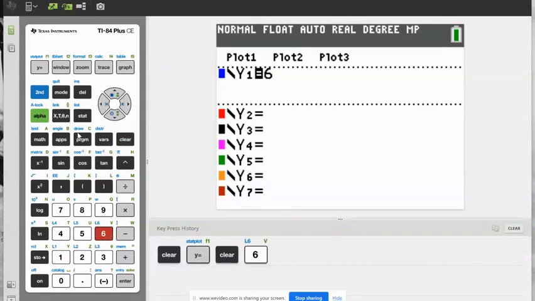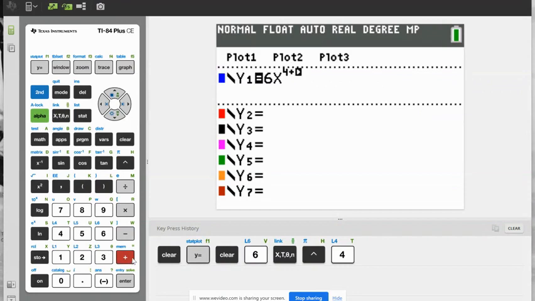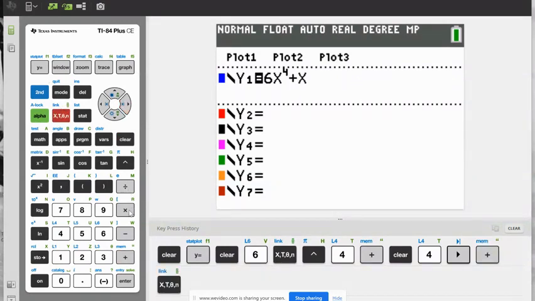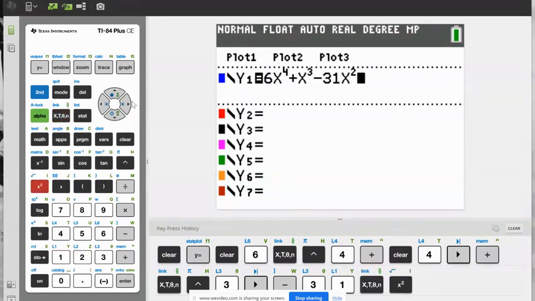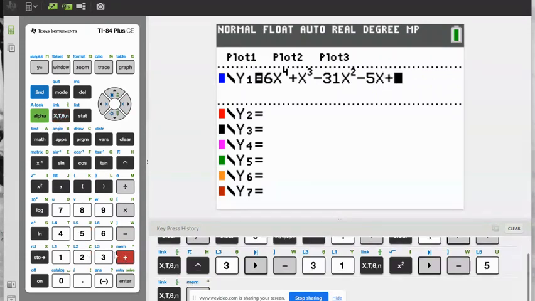So we're entering in our function. All right, I'm just double checking this.